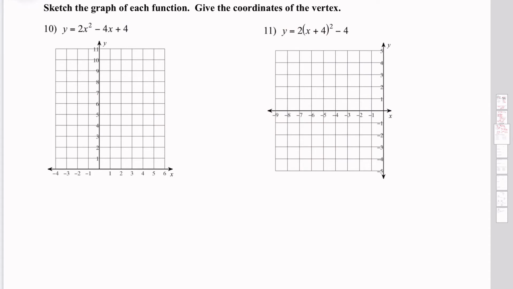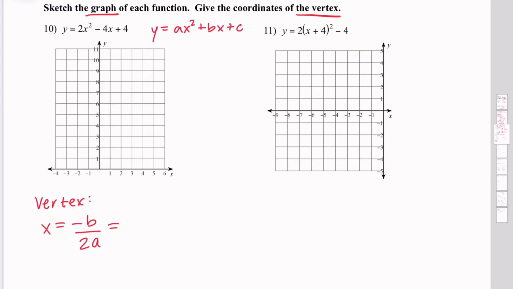For question 10, we are expected to graph and find the coordinates of the vertex. This function is written in standard form, which, quick reminder, looks like this. And in a quadratic equation, you can find the vertex by solving for x using this formula, -b over 2a.